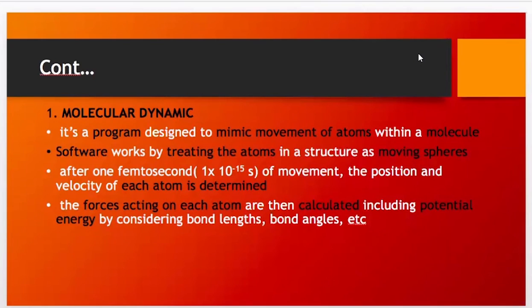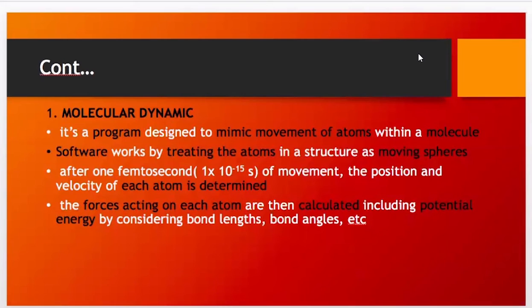With the molecular dynamics program, it's designed to try to mimic the movement of atoms within a molecule. So you have your compound, your benzene, your histamine, and so on. The program is trying to show how the actual atoms are able to move within the molecule.